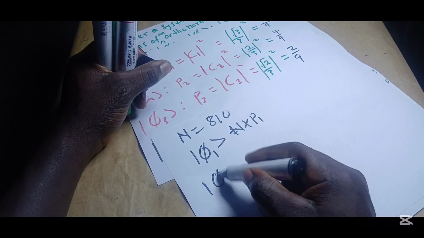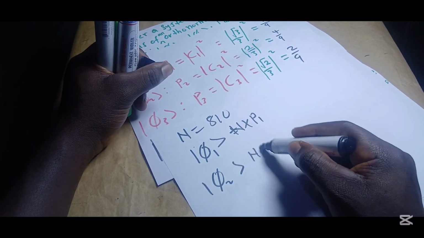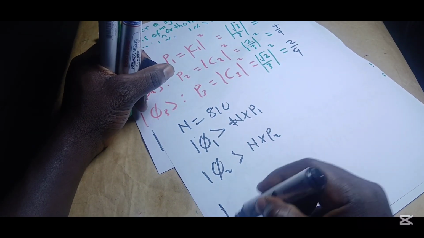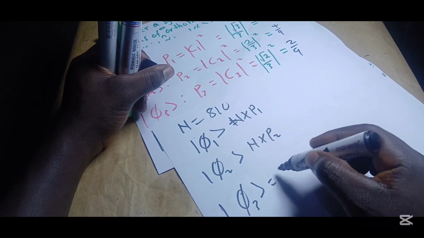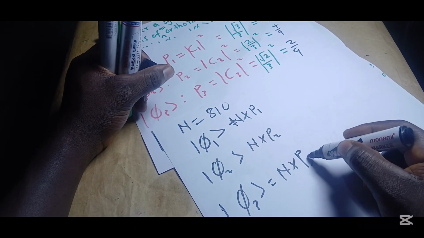And for phi 2 it is going to be n times p2. For phi 3 it is going to be n times p3.